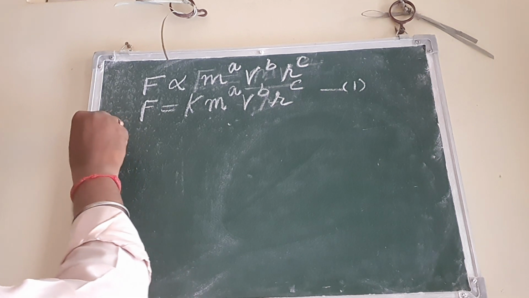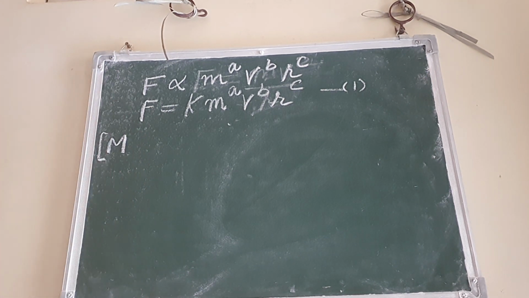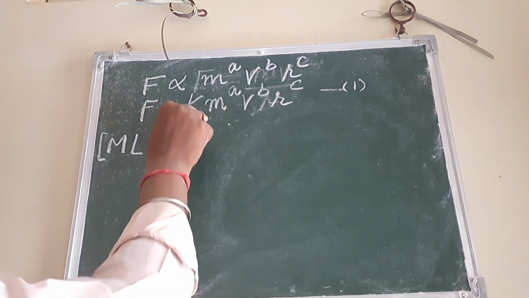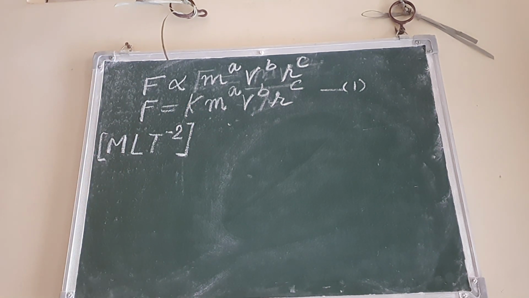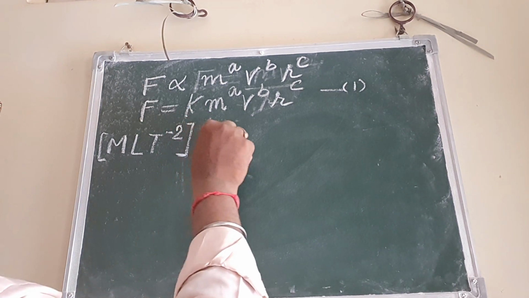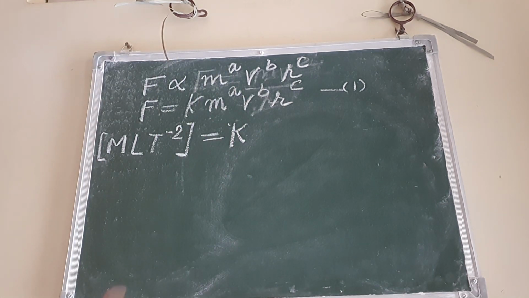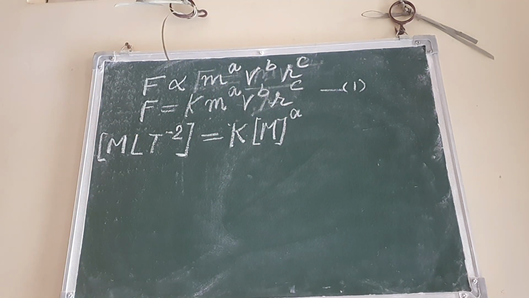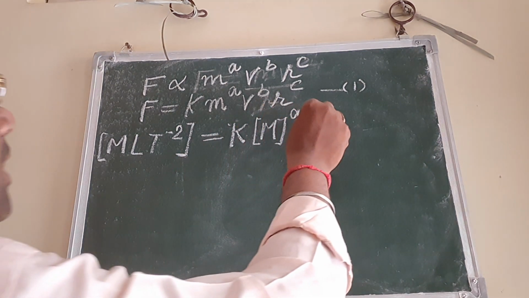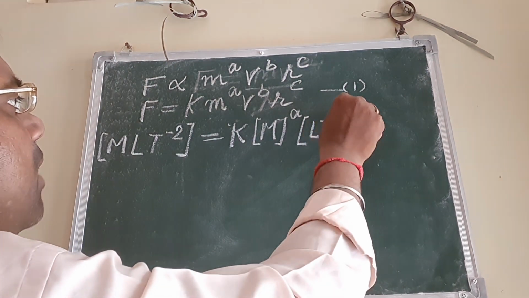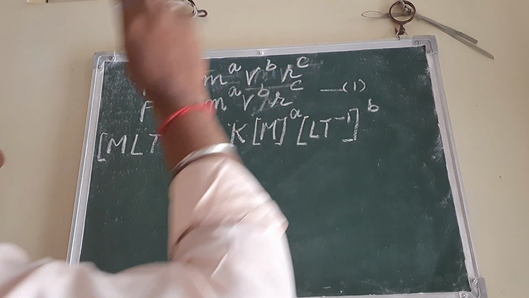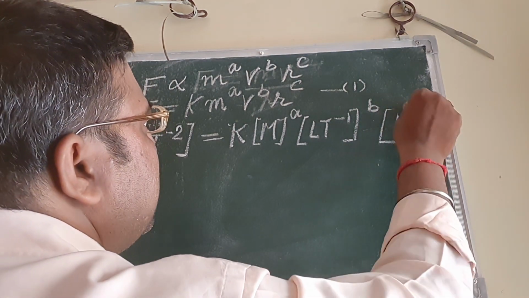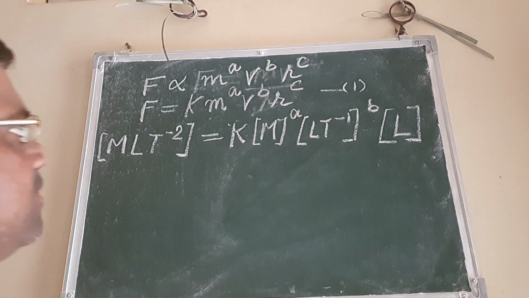Force is mass, represented by capital M, times acceleration, that is [LT^-2], so it is equal to k times the dimension of mass, capital M raised to the power a, velocity, that is [LT^-1] whole raised to the power b, and the radius, that is length, represented by capital L in terms of dimensions, raised to power c.